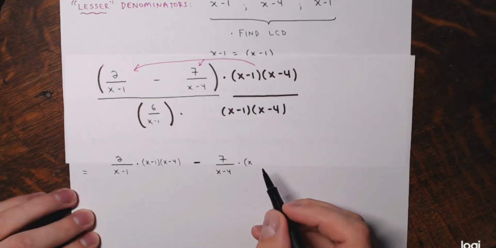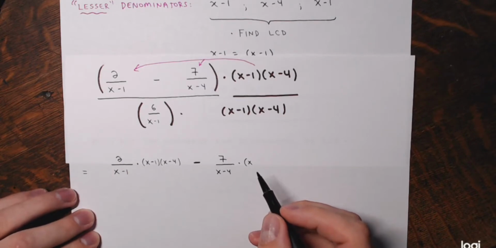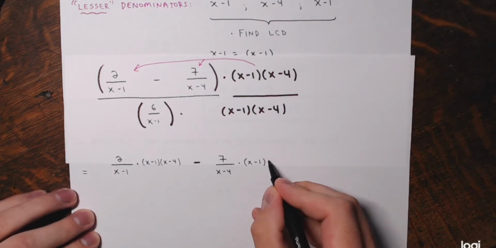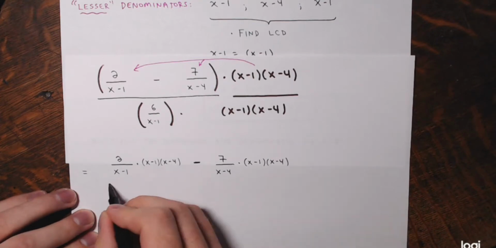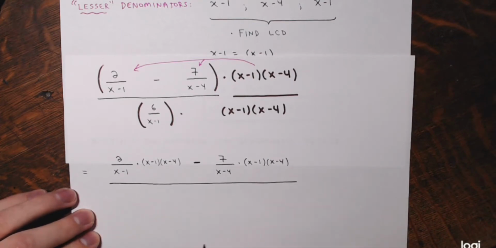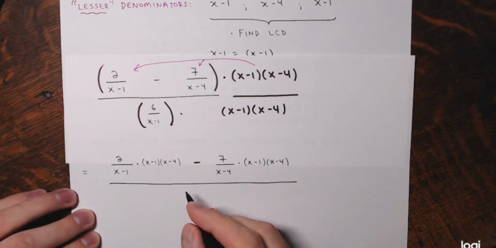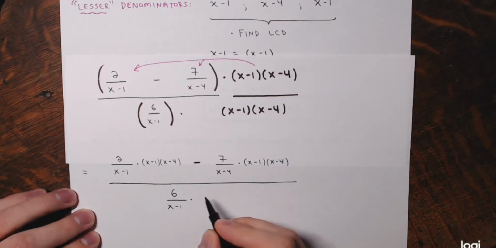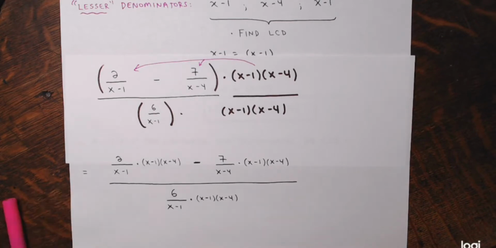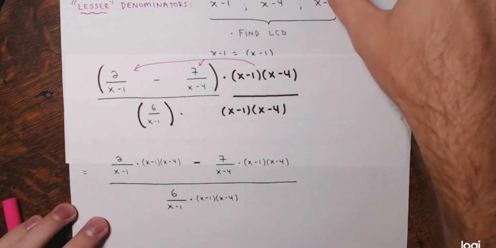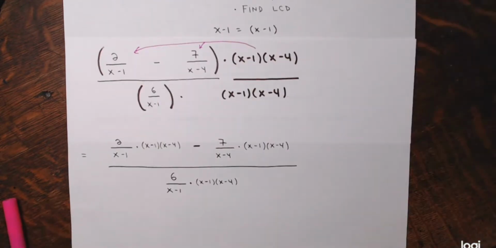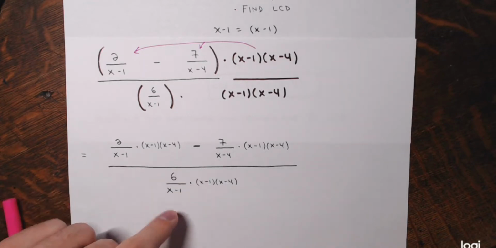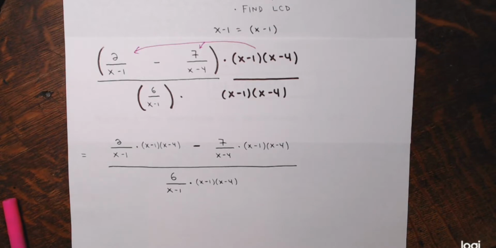Basically, I'm just going through the numerator and denominator and multiplying every term by the LCD. So that's the numerator multiplied by the LCD. And the denominator is just the one fraction, 6 over x minus 1 times the LCD, x minus 1 times x minus 4. And the whole reason we're multiplying the numerator and denominator by the LCD is so all those lesser denominators go away. They'll clear away, they'll cancel.